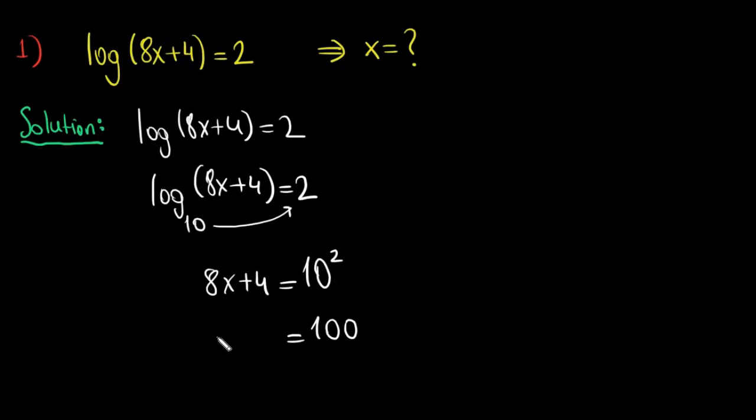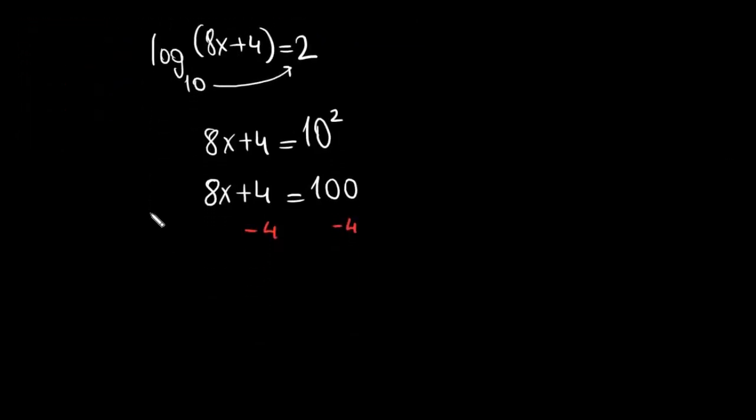So 8x plus 4 on the left side. Now I can subtract 4 from both sides. Positive 4 and negative 4 will cancel out, and I'll get 8x on the left. So 8x is going to be equal to 100 minus 4, which is 96.